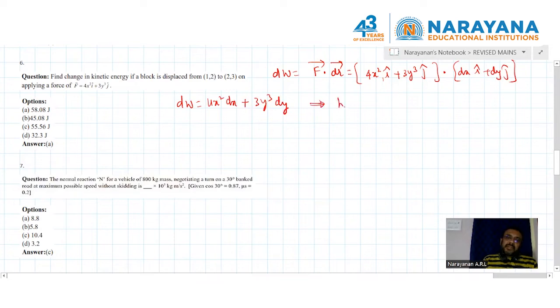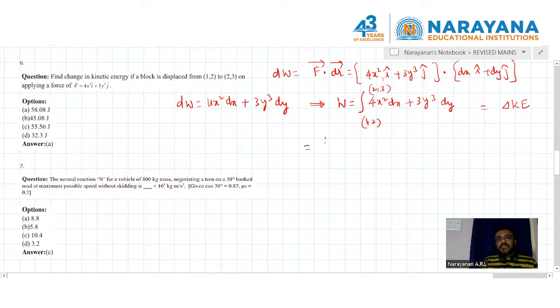From this we can calculate work done by integrating the expression 4x square dx plus 3y cube dy within the limits 1 to 2 and 2 to 3. But work done is given by the change in kinetic energy.